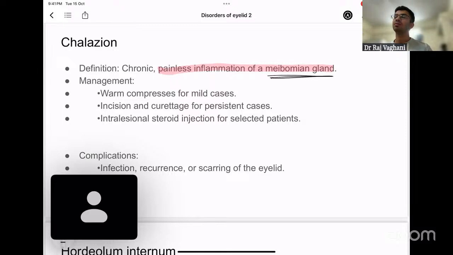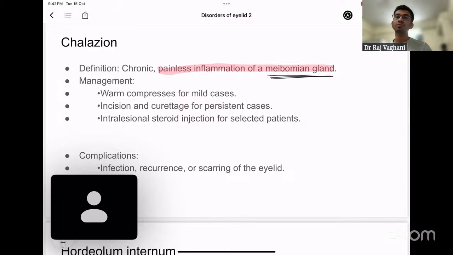If it has been persistent for a very long period, you can cut the swelling and drain out all the pus, that is, all the secretion of the meibomian gland that has accumulated, and you can resuture the gland. Third, intralesional steroid injection: where the lump has formed, you can give the steroid injection for selected patients. It is not preferred in all patients. So these are the three management techniques for chalazion.